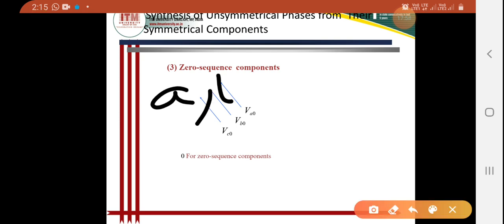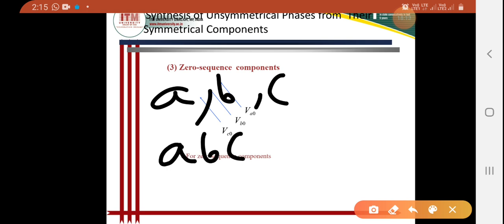Now when we talk about the synthesis of sequence components, when we are solving a problem by symmetrical components, to design the three phases of the system like A, B and C, the phase sequence of the voltage and current in the system is ABC.